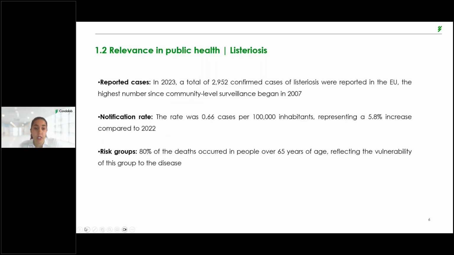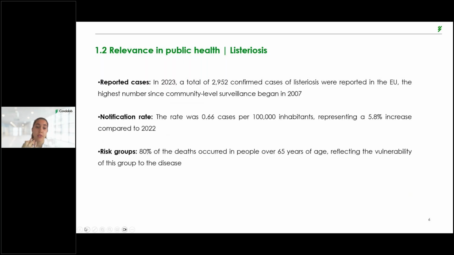The notification rate was 0.66 cases per 100,000 inhabitants. And if we compare this number to the EFSA report of 2022, it represents a 5.8% increase.